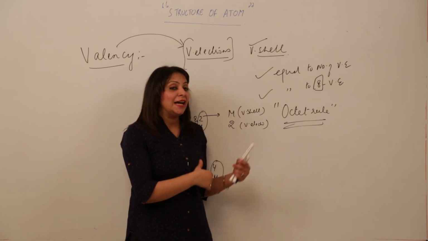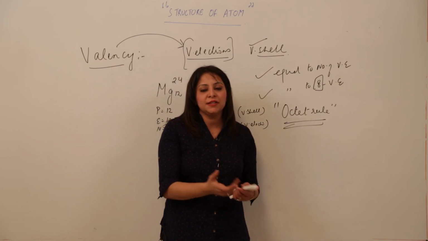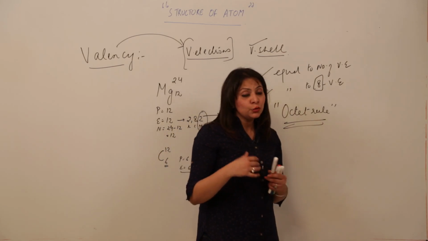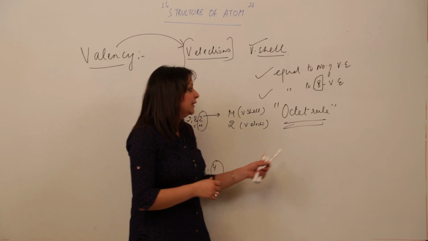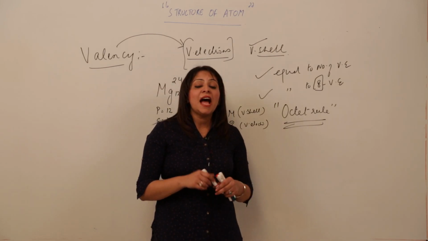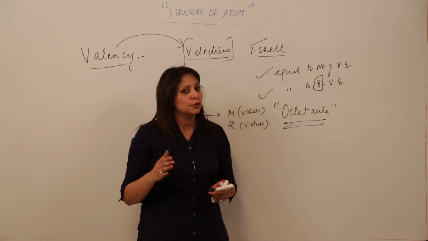In case of an atom or an element, since an element is definitely made up of atoms only, to attain stability the atom must fulfill this rule, the octet rule. It says that the atom should get a maximum of 8 electrons in its outermost shell.